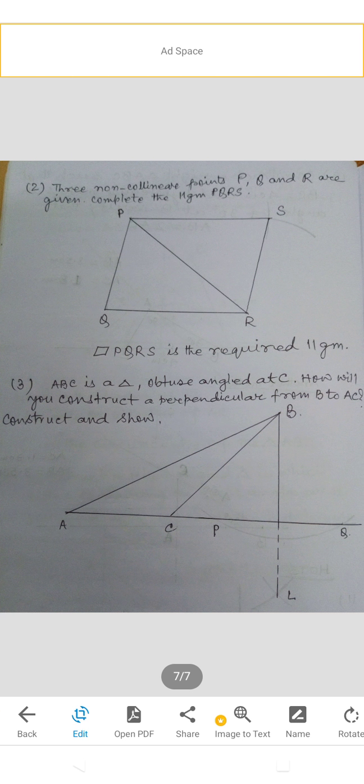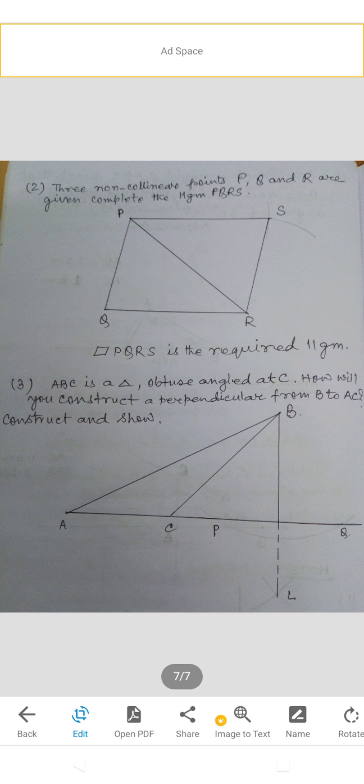Question number 2. 3 non-collinear points PQR are given. Complete the parallelogram PQRS.